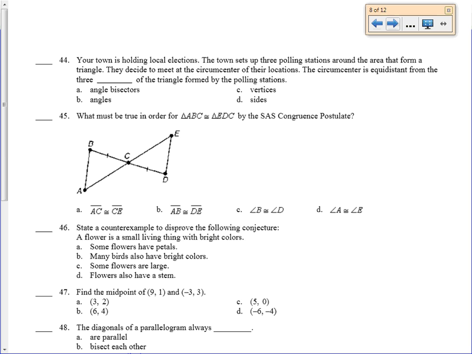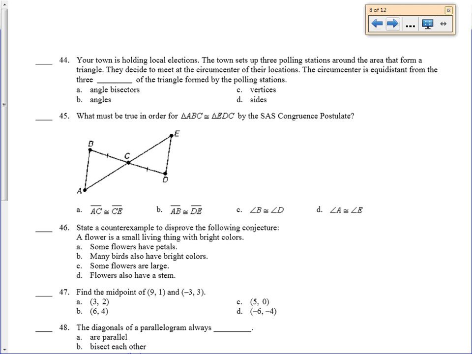The town is holding a local election. The town set up 3 polling stations around an area formed by a triangle. They decide to meet at the circumcenter. Here's a name, this is what you asked me about right here, the circumcenter. The circumcenter is equidistant from the 3 vertices of a triangle formed by the points.